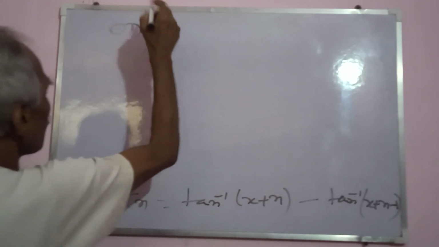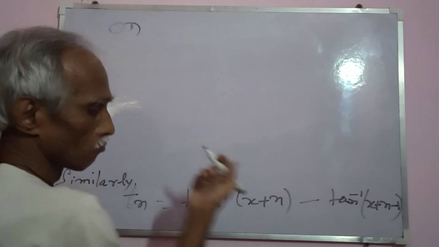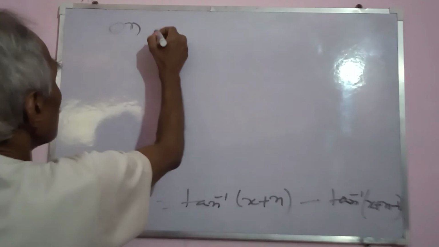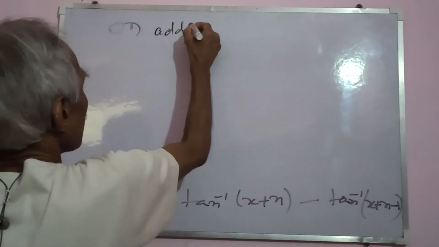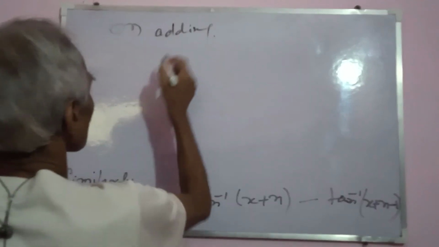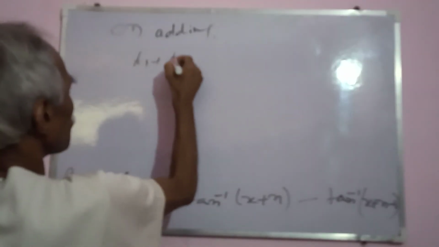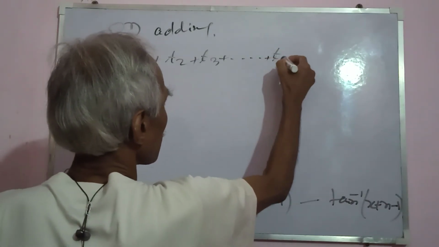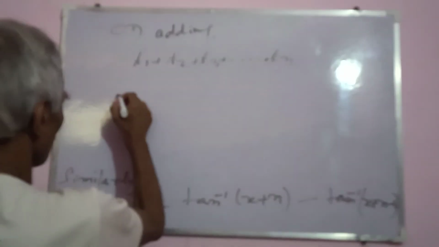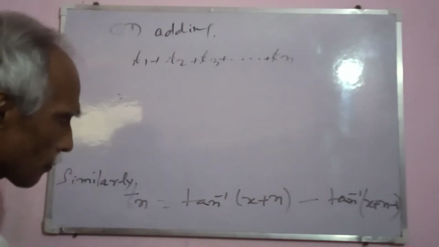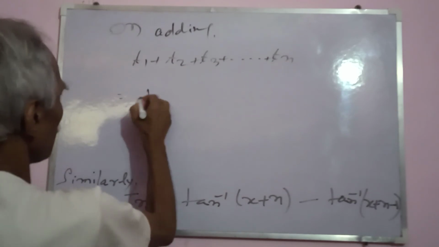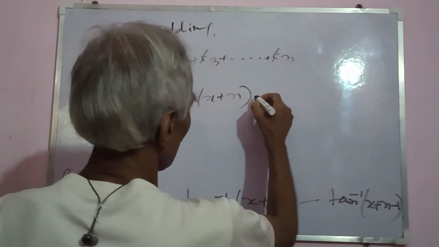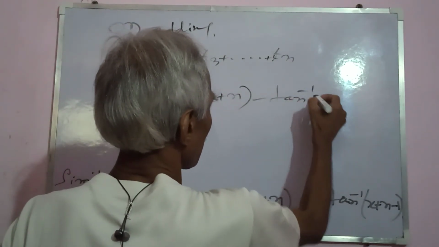You can take another thing. On adding, T1 plus T2 plus T3 plus dot dot dot plus Tn is equal to tan inverse (x plus n) minus tan inverse x.